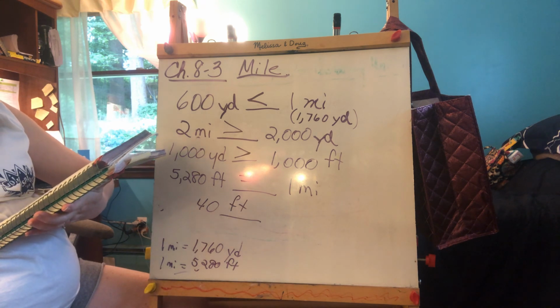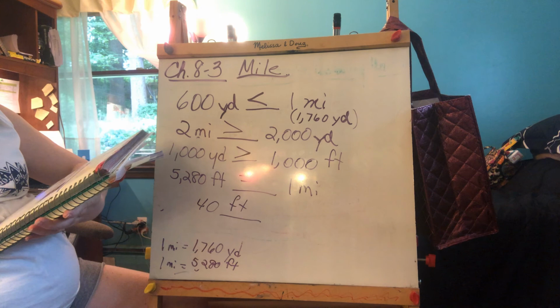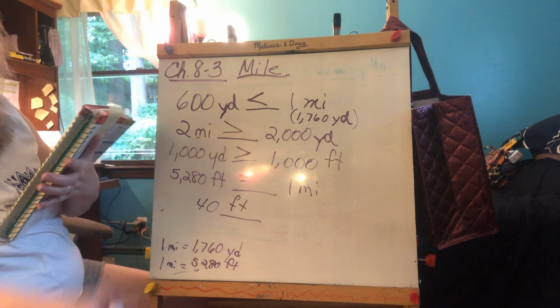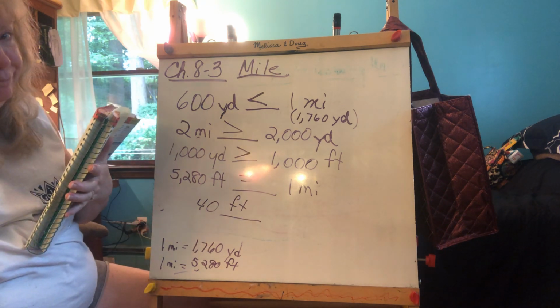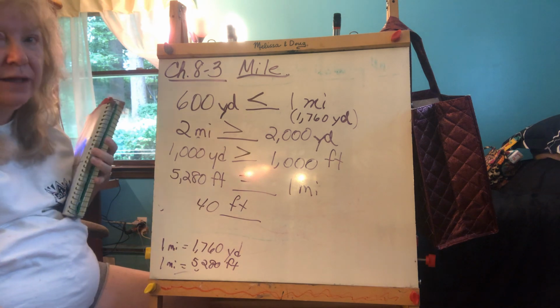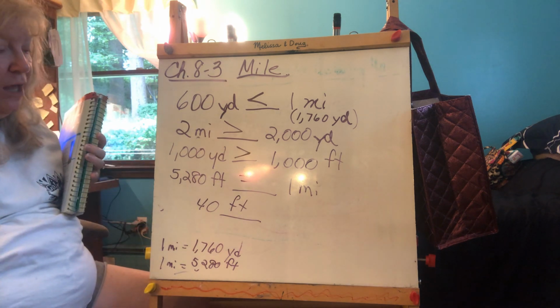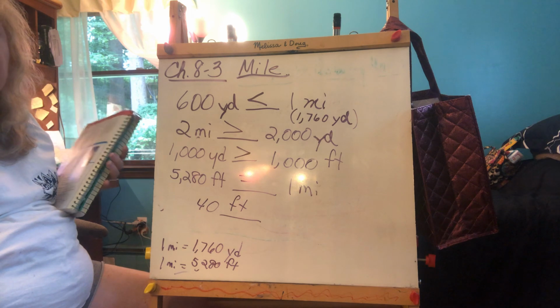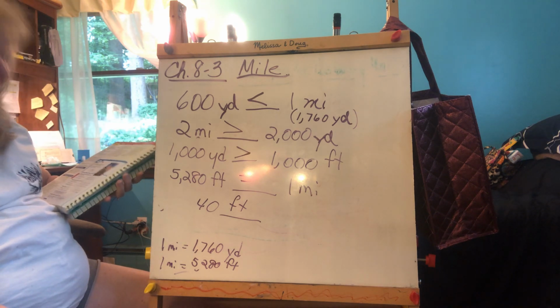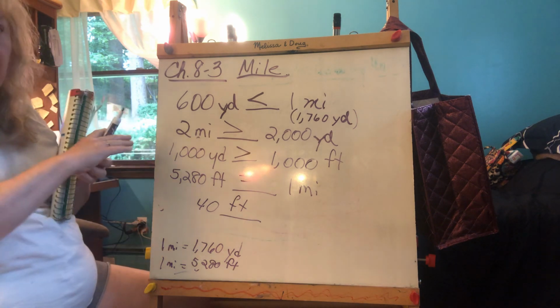And even if he did 4 yards, that's only 12 feet. If it takes him 2 hours to go 12 feet across the room, I think he's moving like a snail. So in that case, it would be 4 miles in those 2 hours. All right, that's it.